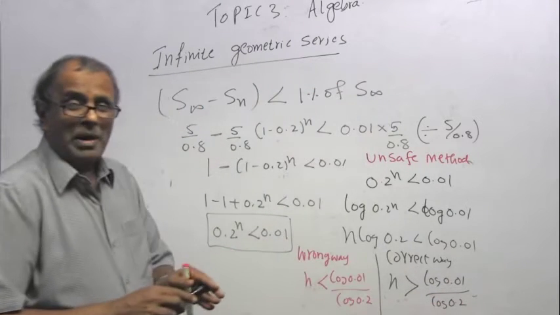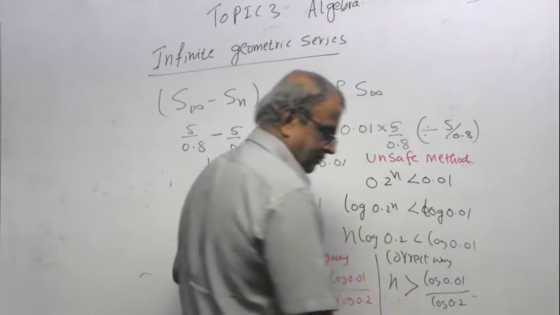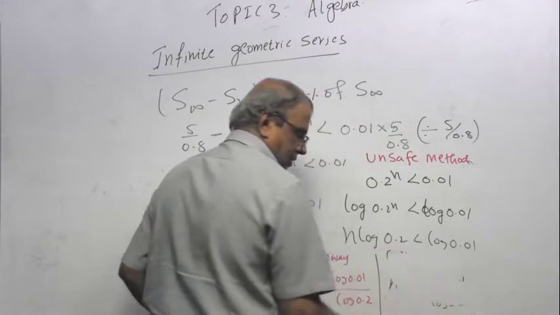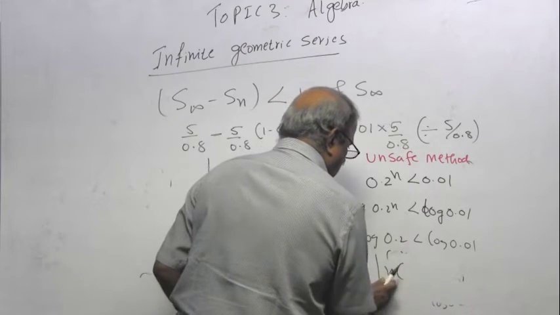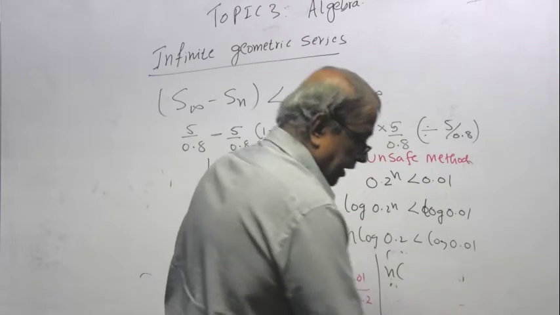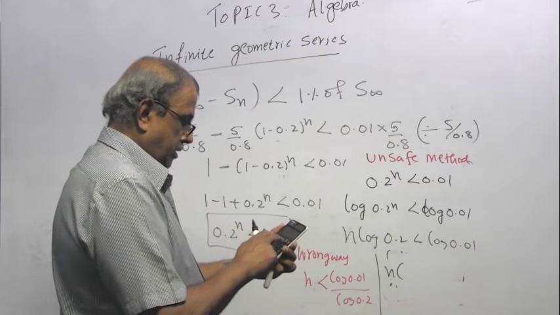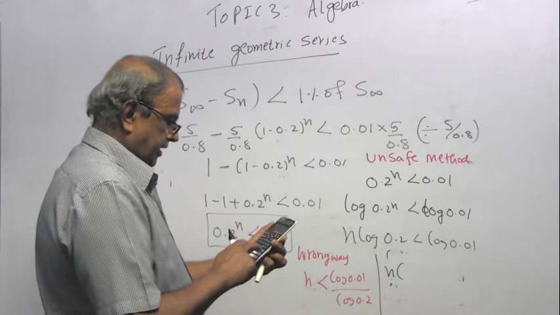Well, sir, how am I going to remember this? Nothing wrong. Don't do it that way. Instead, put in the values. So n times, what's log of 0.2? Log base 10 of 0.2, close bracket, equals syntax error.